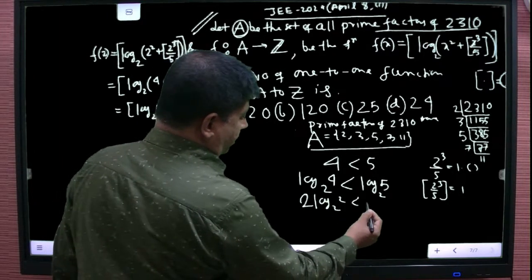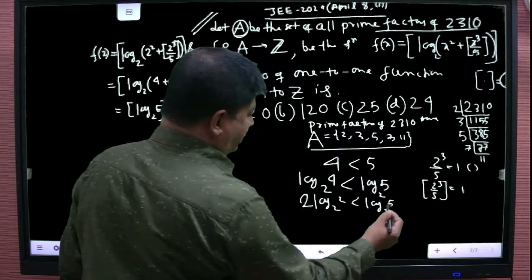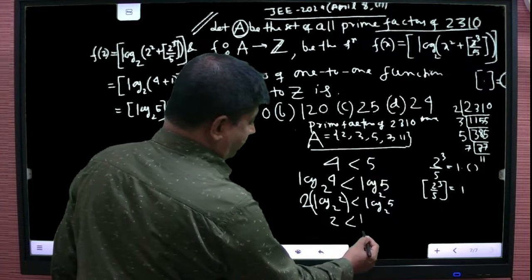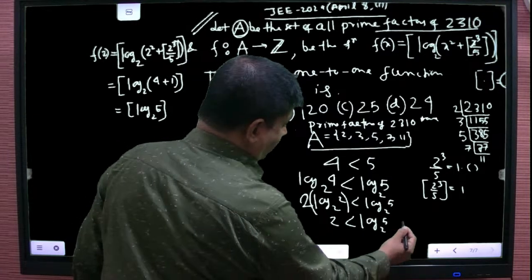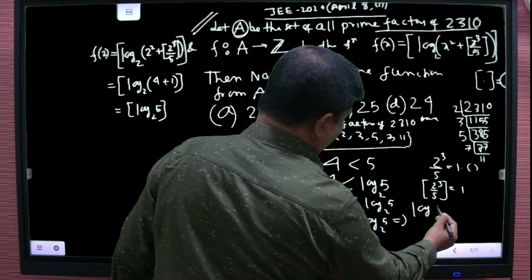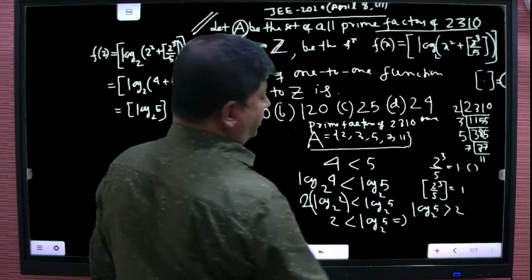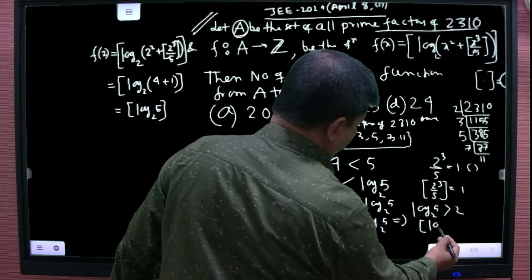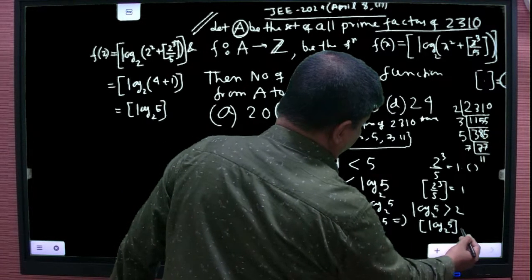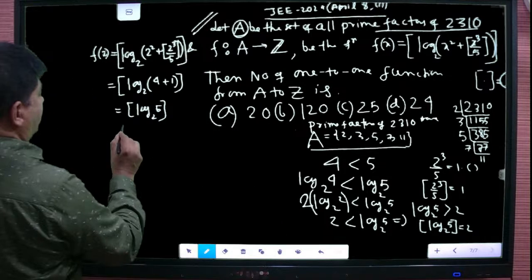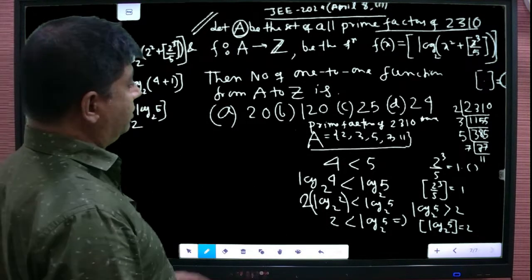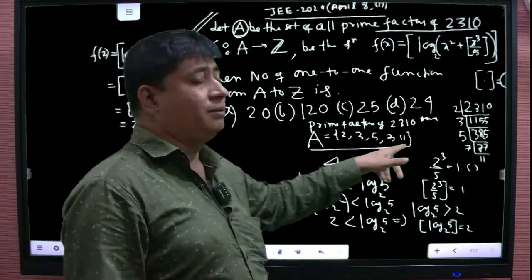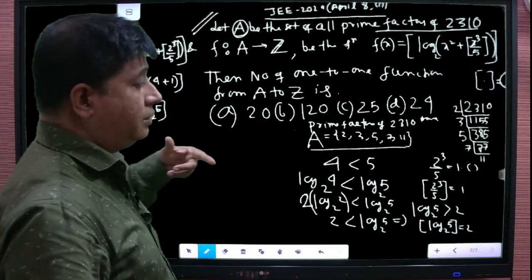Log 2 to the base 2 is 1 itself. So we have got log 5 to the base 2 slightly greater than 2. So what is the integer part of this? So box of log of 5 to the base 2 is 2 itself. So F2 is 2. Now F3, and keep on finding in this way. This is the elements in the domain. You find the range. Understand?